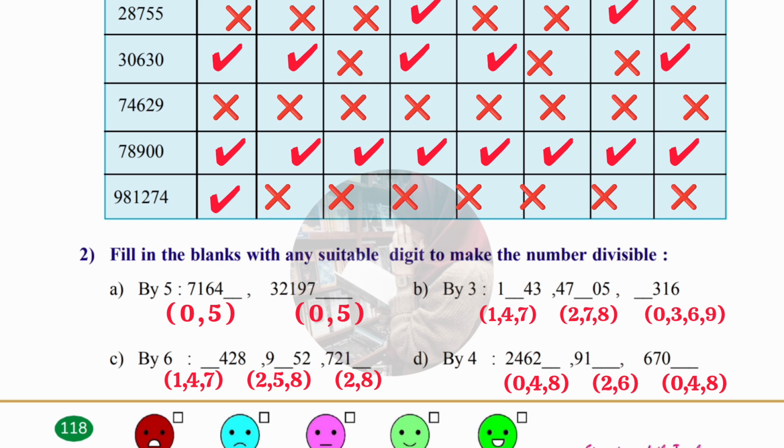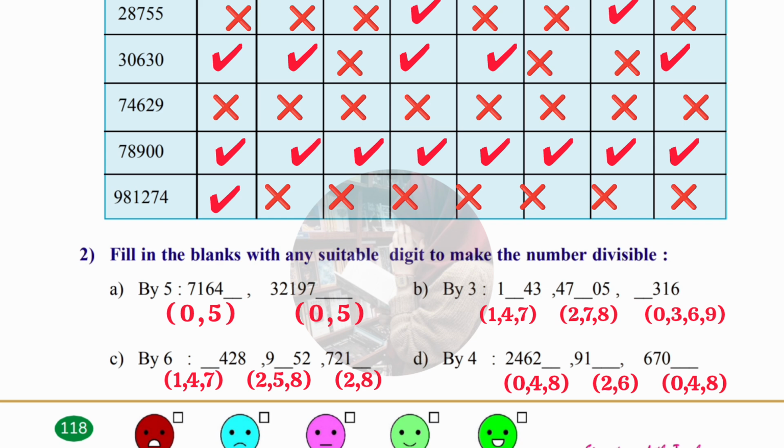That's why I have written 1, 4 or 7 in the bracket. You can write any of them in the first number. In the second number, 4705, to make it divisible by 3, you can fill that blank with 2, 7 or 8 as you wish. Then that number is divisible by 3.